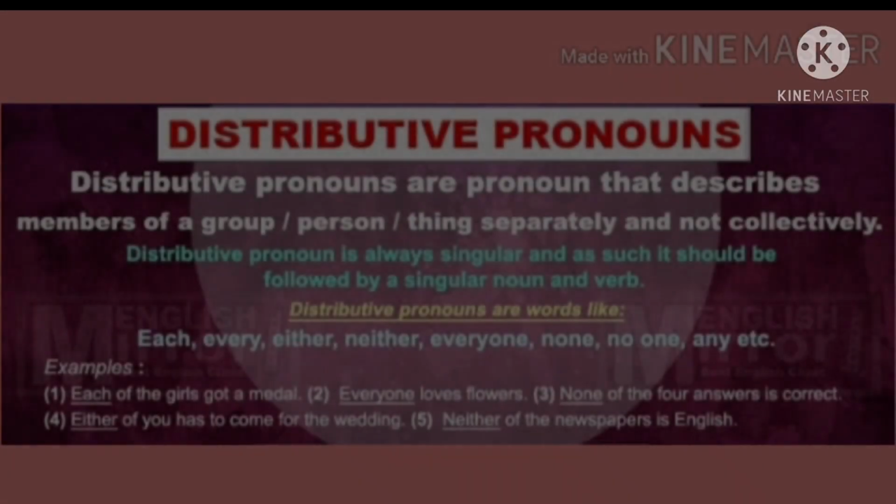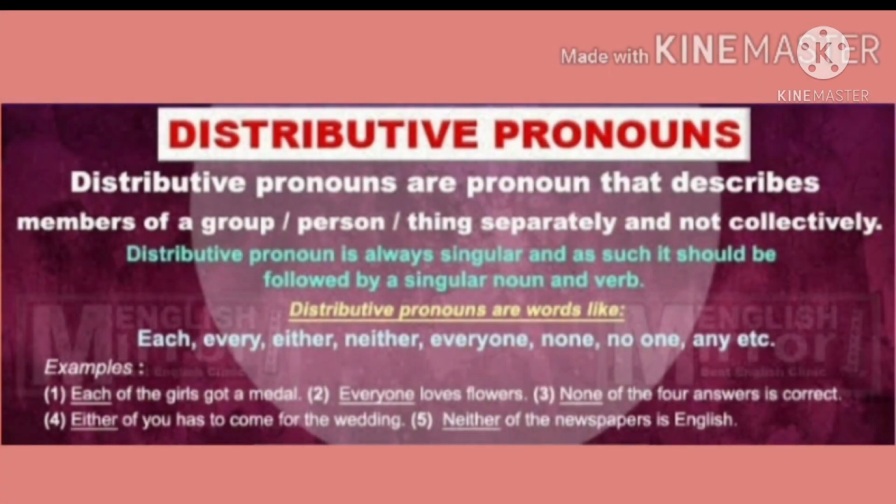So we can define a distributive pronoun as: a distributive pronoun is a pronoun that describes members of a group separately and not collectively. Each, every, everybody, everyone, everything, either, neither, none, any, etc. are the words that are used to indicate persons or things in a group separately or one at a time, and so they are distributive pronouns.